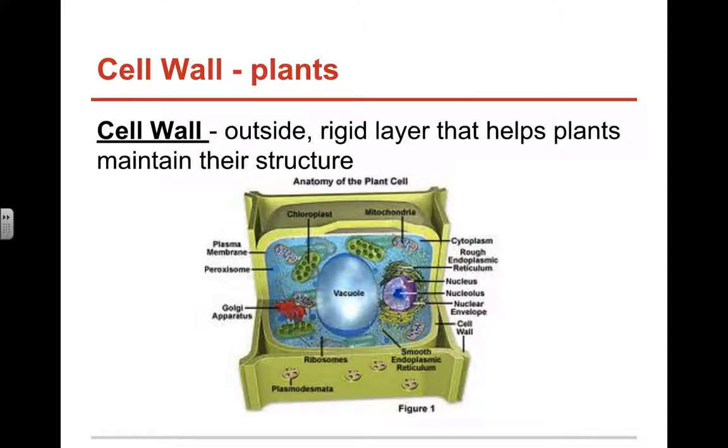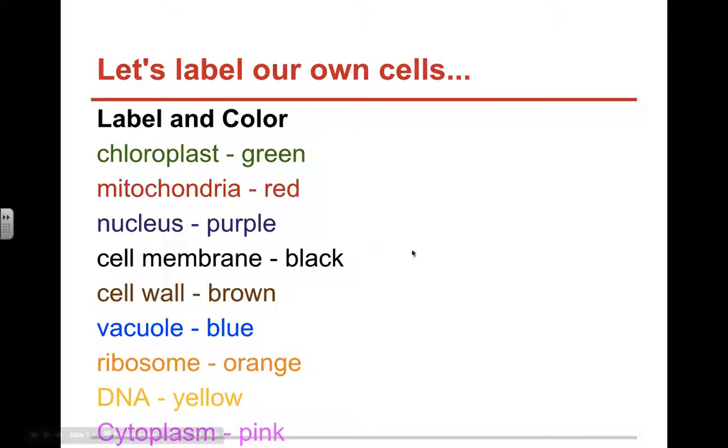I would definitely recommend that you print out some cells. I'll include blank ones. And I would actually do this. Label your cells and color them, right? I would print out a plant and an animal cell. Blank, black and white. And I would color all of these things in them, and I would make a key.